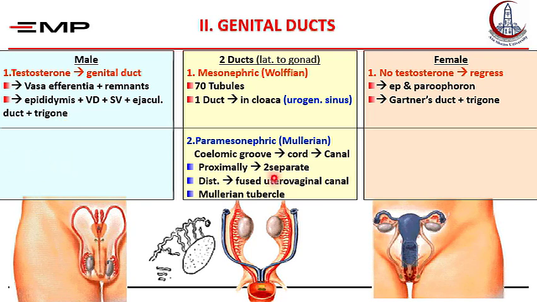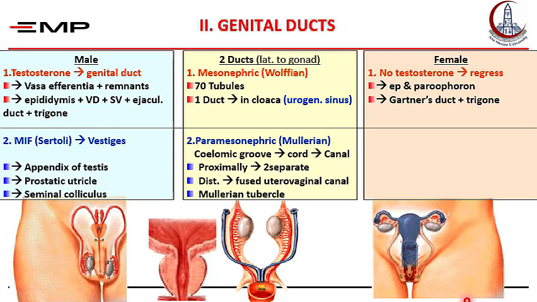Okay, let's see what happens to this blue paramesonephric or Mullerian duct system. It will regress because of the Mullerian inhibiting factor or Mullerian inhibiting hormone that is produced by Sertoli cells. It will give some embryonic vestiges.